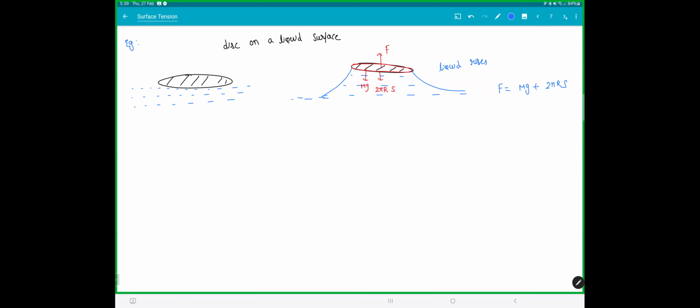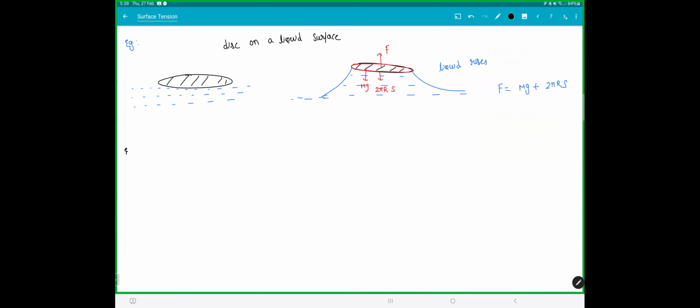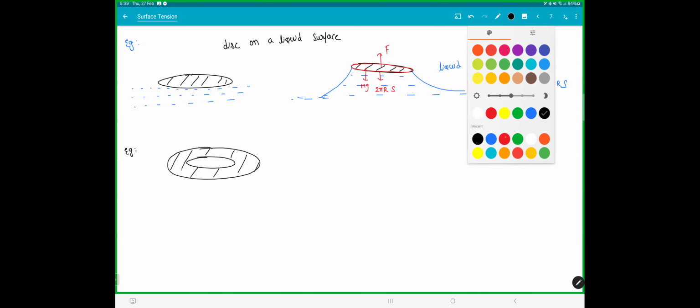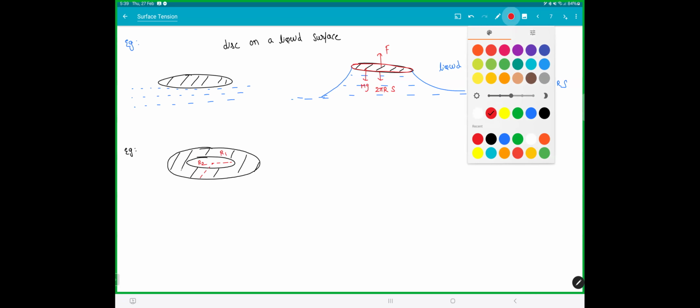So the liquid rises a bit. Same thing. Suppose you take a disk with a cavity, this is R1, this is R2.